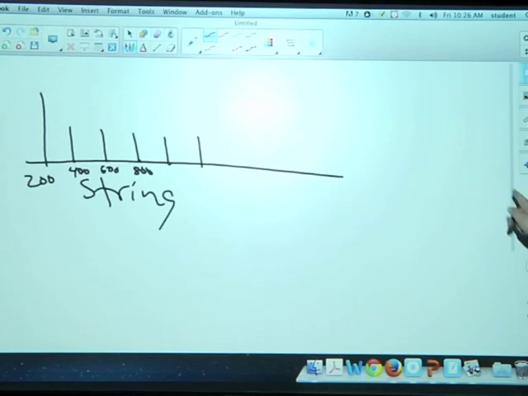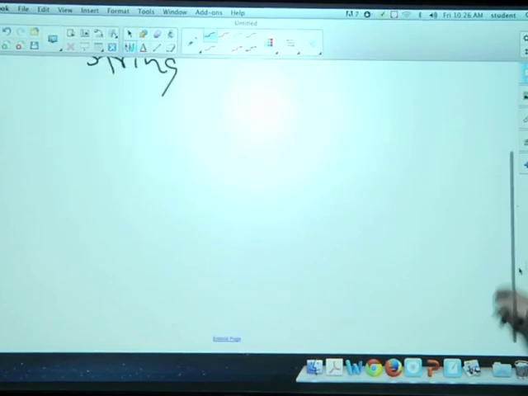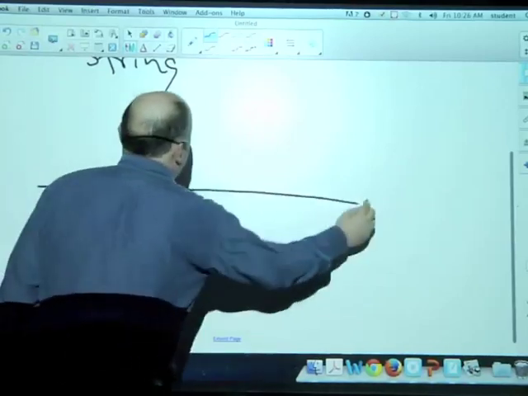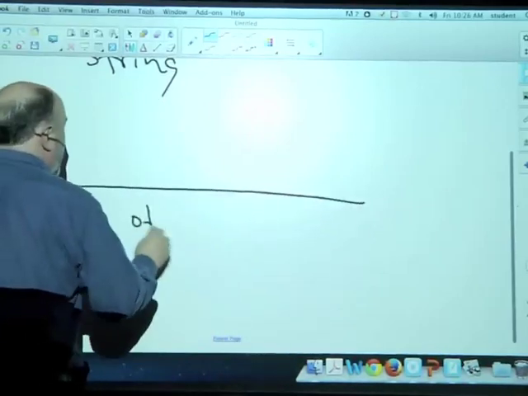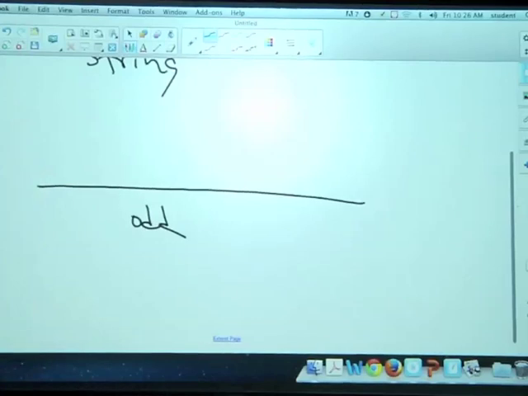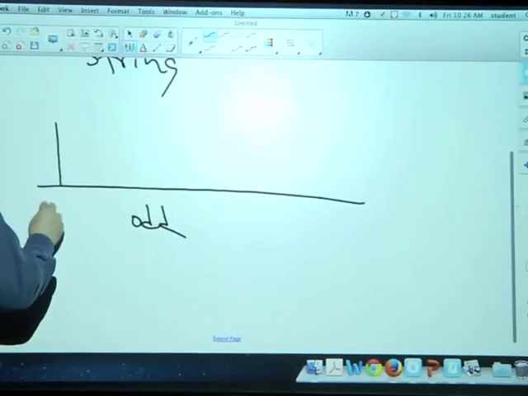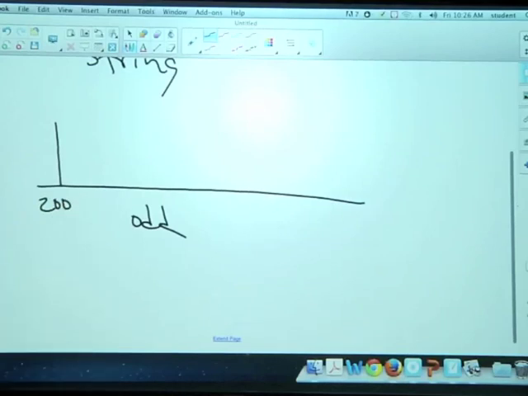Okay. Now, if I did the same thing with something that only had odd harmonics, like a closed pipe. If the first signal is at 200, what's the next signal? Fundamental is 200.